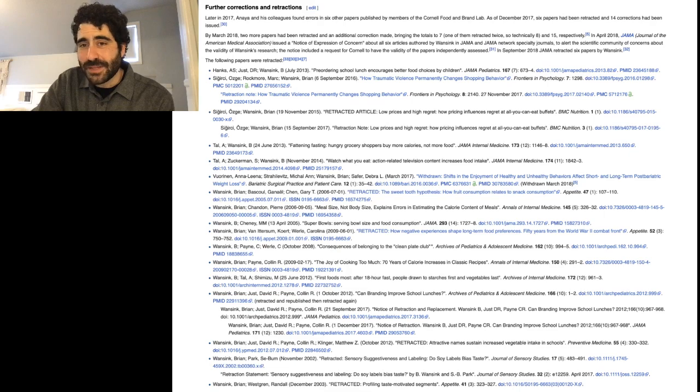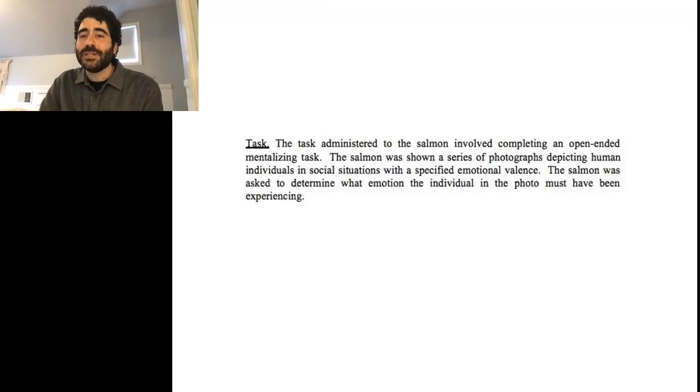Another paper that's sometimes brought up in this context, especially in neuroimaging, was this paper in which they put a salmon in the fMRI scanner and had it do a mentalizing task. They basically ran one of their tests on the salmon that they usually run on people, where they show people social situations, and then they tell the salmon to try to imagine the emotion that the person is feeling.